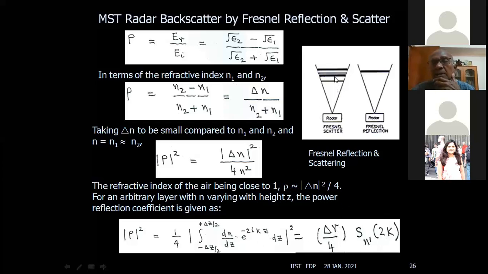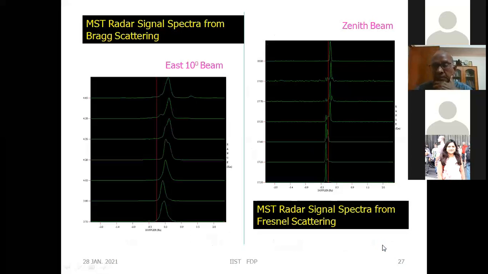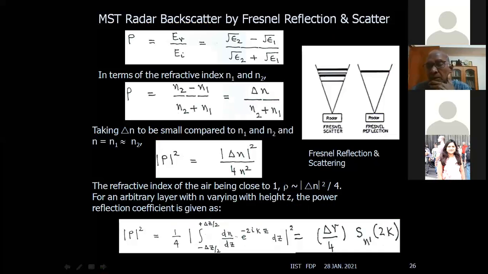The delta R is the resolution height of the pulse, and the S_n' (2k) is the power spectrum of the gradient of the density fluctuations.